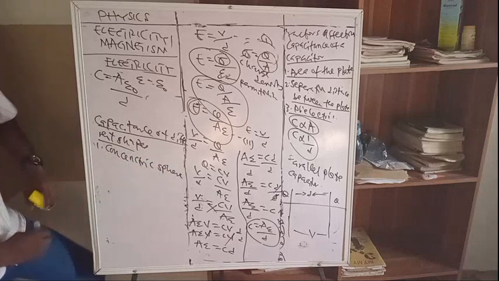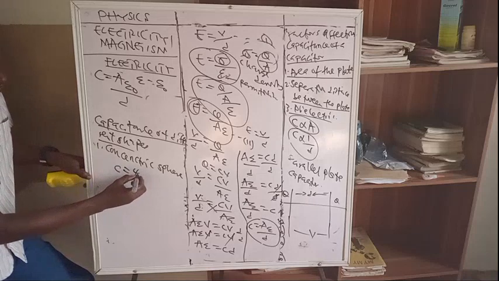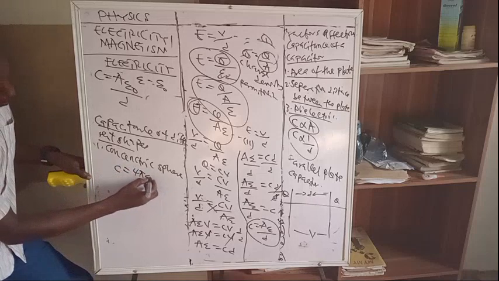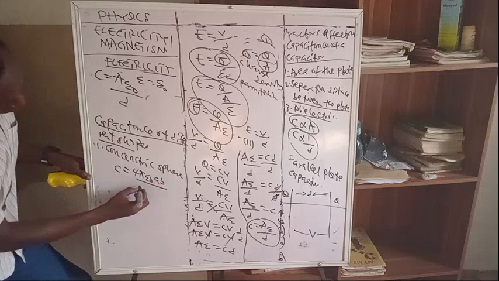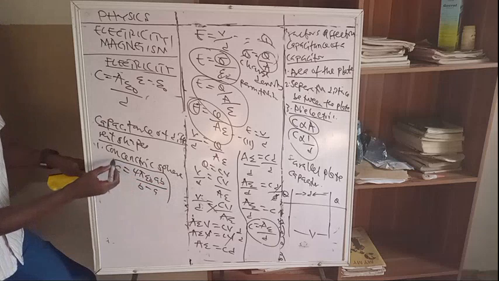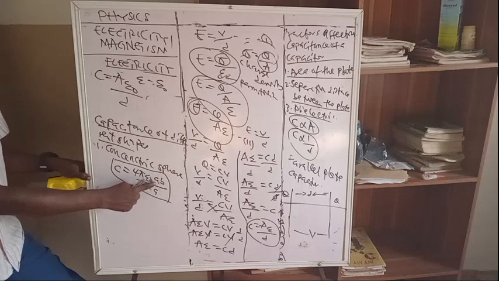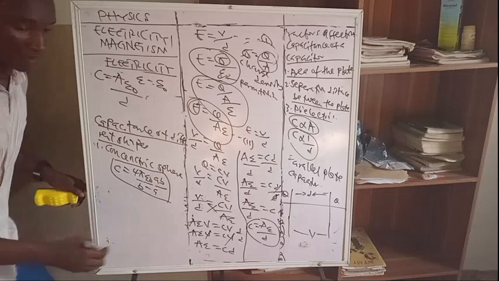The capacitance of a concentric sphere is given as C is equal to 4 pi E naught AB over B minus A. Anytime you have to determine the capacitance of a concentric sphere, use this formula. 4 pi, your E naught is the permittivity of free space. Your A is the first radius.